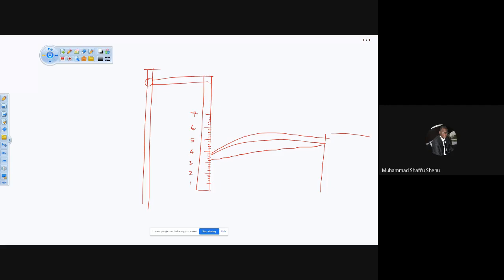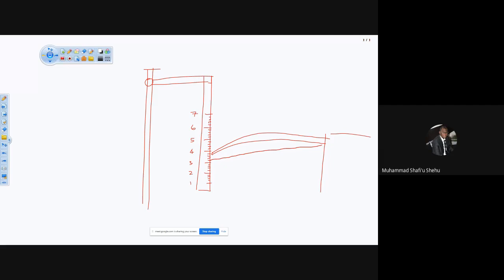So your depression is going to be the initial length minus your final length. Remember, the initial length was 3.8. Between each of the lines I have, there are 5 calibrations, which makes each calibration stand for 0.2 centimeter, right?